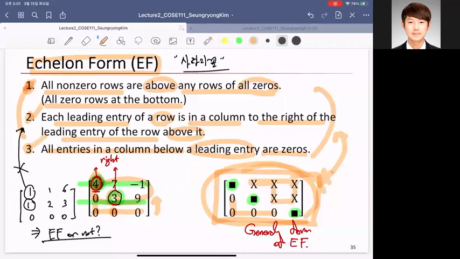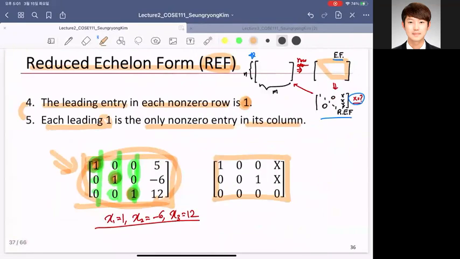The general form of the echelon form looks like this, right? And if we row reduce this matrix further, we may achieve this kind of REF form, reduced echelon form, which looks like this. Then why do we have to consider the EF and REF forms?